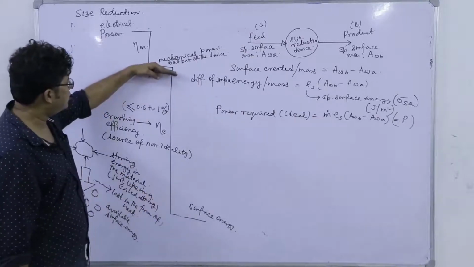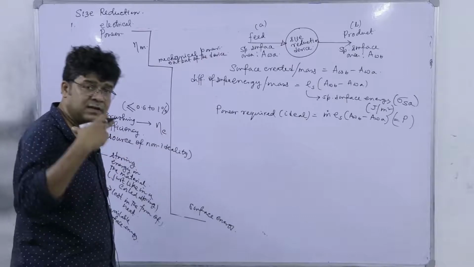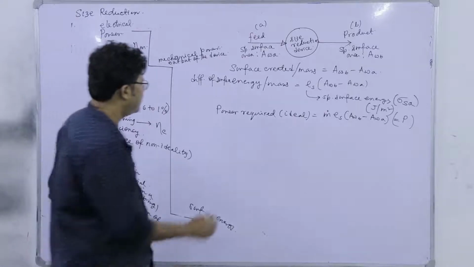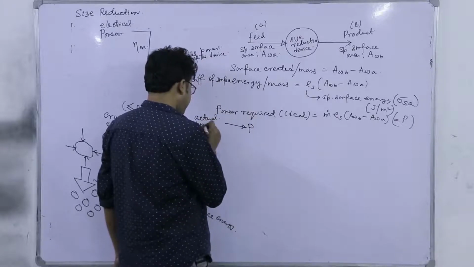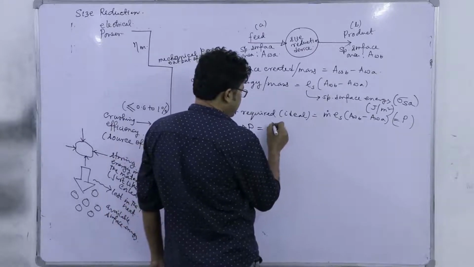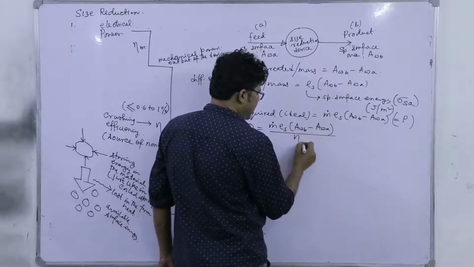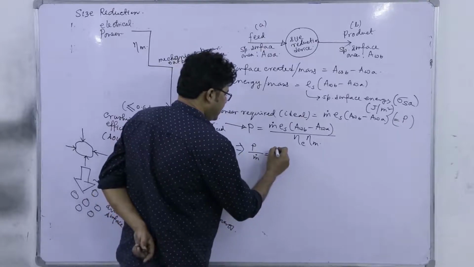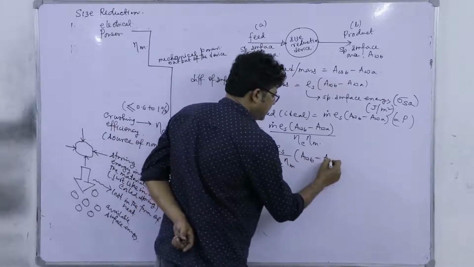If we have to calculate the mechanical power input, we have to divide it by eta C, which is the crushing efficiency, and here huge non-ideality creeps in, okay, and again by eta M. So P, the actual power required, is equal to m dot into ES into AWB minus AWA divided by eta C into eta M. So we can write this as P by m dot is equal to ES into AWB minus AWA over eta C eta M.